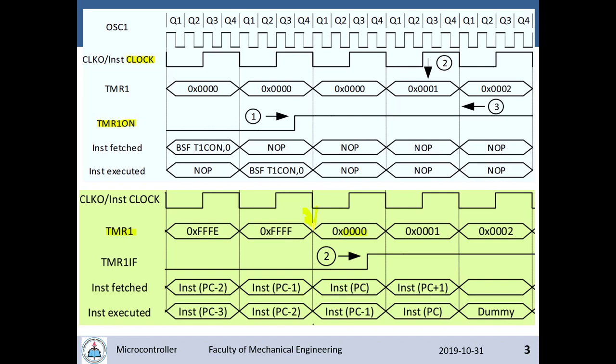When the overflow event happens, one bit of RAM, which we call the interrupt flag, will be set to high. So if you want to measure an event or the amount of time, you check whether the flag is set or not. If it is set, this means an overflow event has occurred.